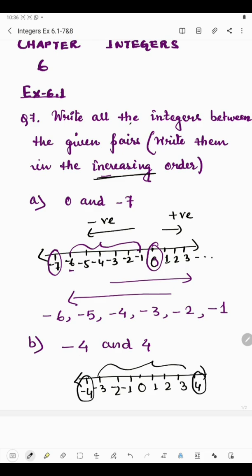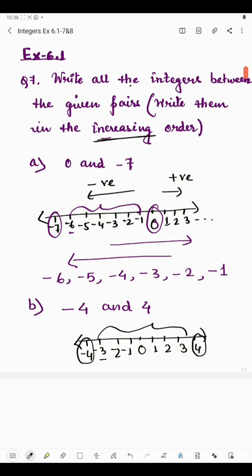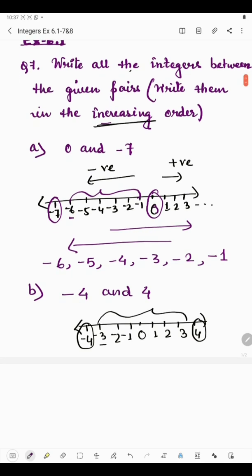So we will have to write in between. And we will have to start with -3, because -3 is left of all the numbers. So -3 is the smallest number. So the numbers that come in between -4 and +4 are -3, -2, -1, 0, 1, 2, 3.